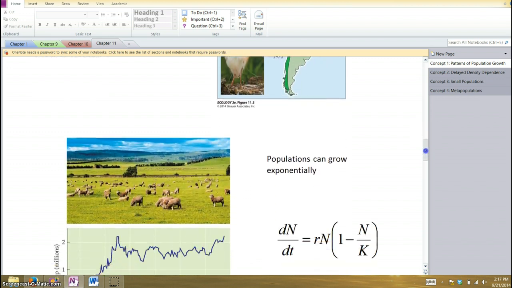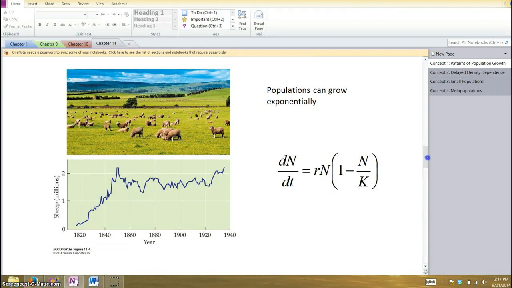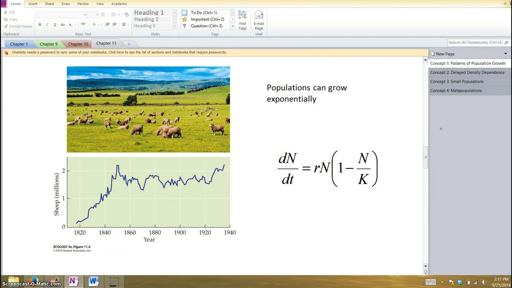So in that case, a population that is new to an area often does exhibit what we call exponential growth. Now, because of the carrying capacity, it does eventually reach a point at which it levels off. This is not exactly a natural species, but it is an introduction. These were sheep that were not native to Tasmania, an island south of Australia, but they were introduced there.